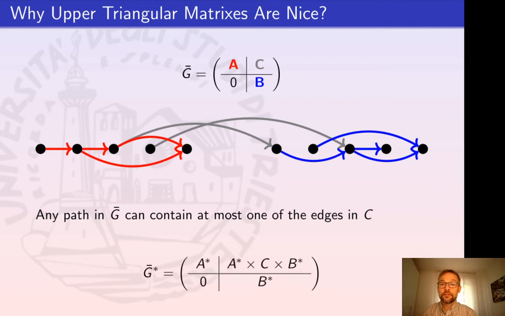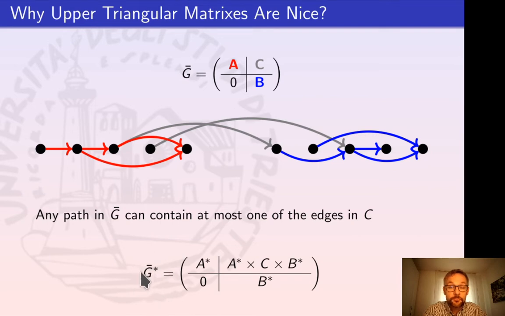So basically, if we want to compute the star, so if we want to get the matrix representing all the paths in G, instead of repeating bar G multiplied by bar G multiplied by bar G and so on and so forth for cardinality of V times, we may apply this equation.